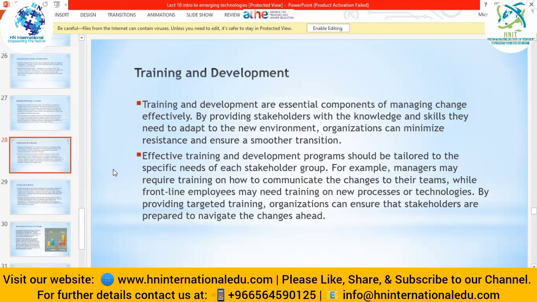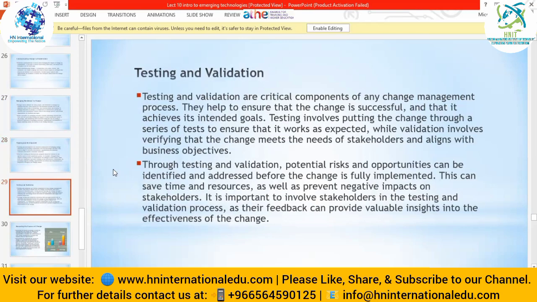No, you have to give them time to adapt to that change one by one, and to ensure that they understand well. Effective training and development programs should be tailored to the specific needs of each stakeholder group. For example, managers may require training on how to communicate the change to their teams, while frontline employees may need training on new processes or technologies. By providing targeted training, organizations can ensure that stakeholders are prepared to navigate the changes ahead.